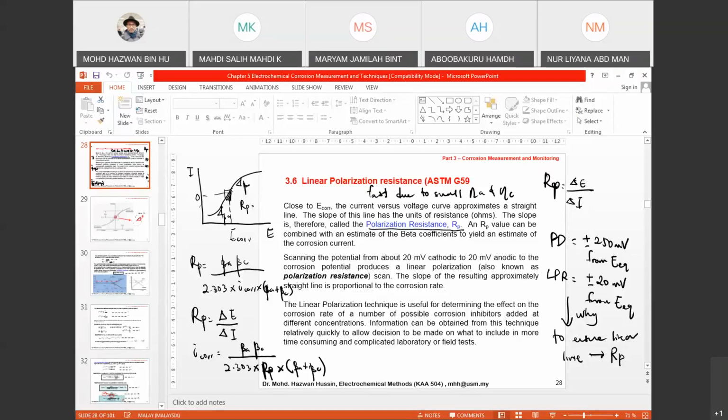If you actually calculate the polarization resistance at a higher overpotential range, this may have some problem, because a bigger range may not be linear. It's going to be slightly exponential. Okay, right.